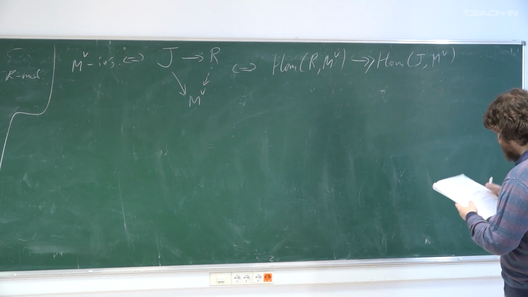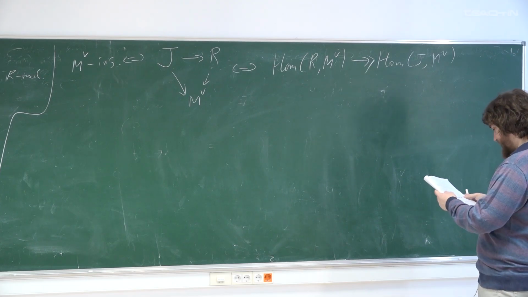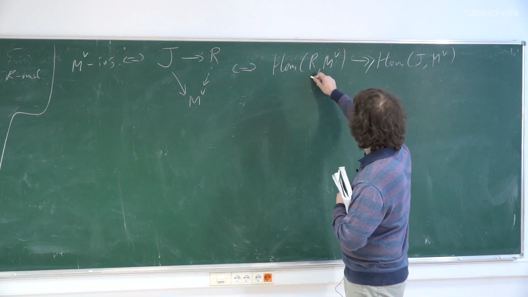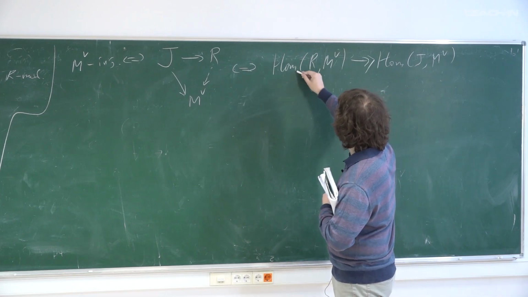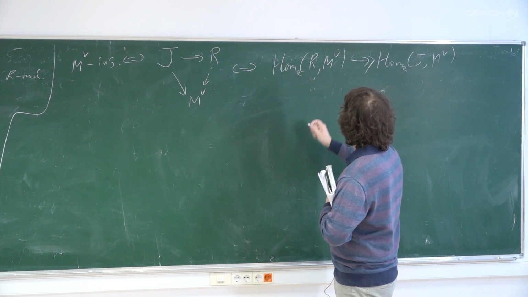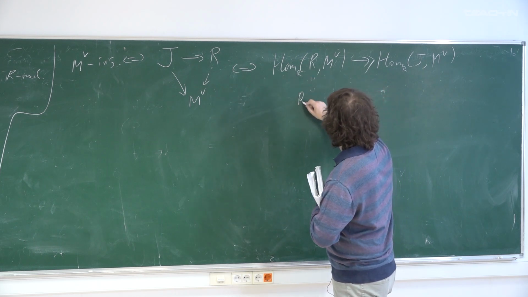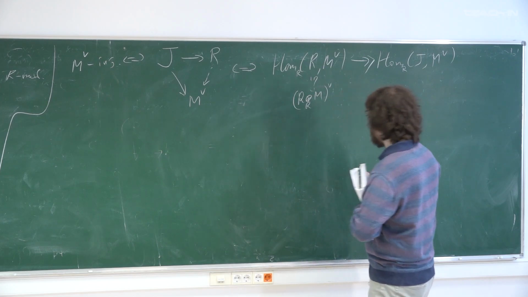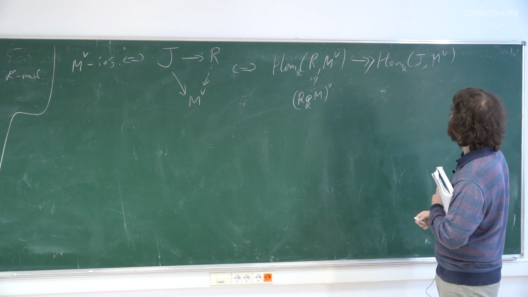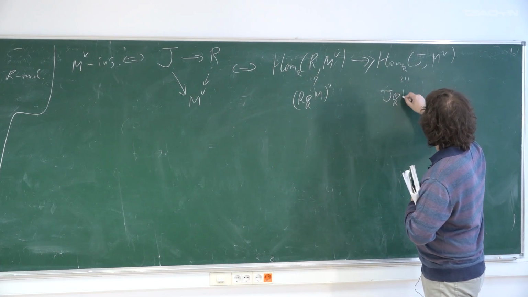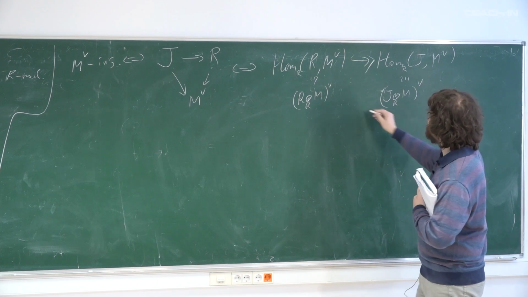But again, we have already seen that Hom to check is the same thing as check of the tensor product. So this is R tensor M, check. We have already seen that. And this is isomorphic to J tensor M, check. This is surjective.